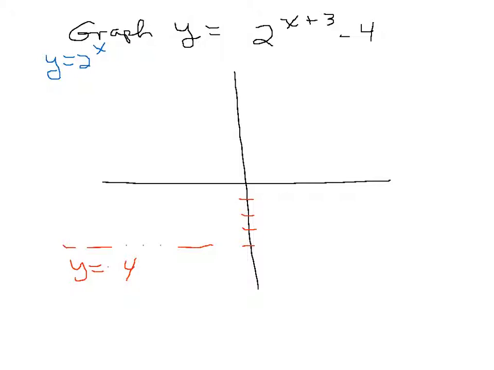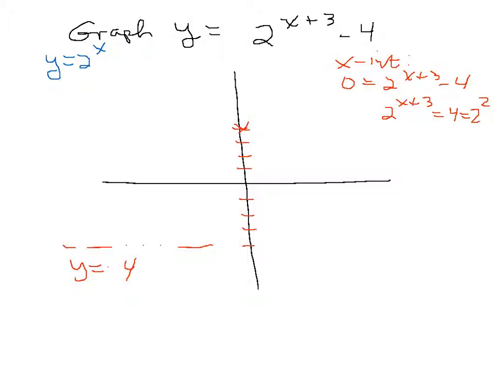When x is 0, what do we get? We get 2 to the 3, that's 2 cubed, 8, minus 4. Now, how about the x-intercept? The x-intercept means set y equal to 0. So we have 0 is equal to 2 to the x plus 3 minus 4, which is the same as saying 2 to the x plus 3 is equal to 4, which is the same as 2 squared.